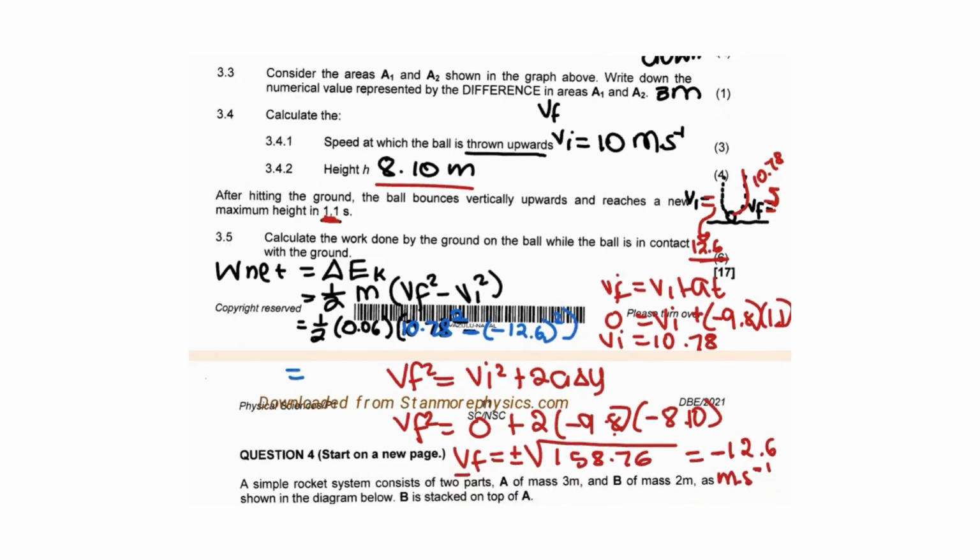The total work done by the ground would be 1/2 times 0.06 times (10.78 squared minus 12.6 squared).